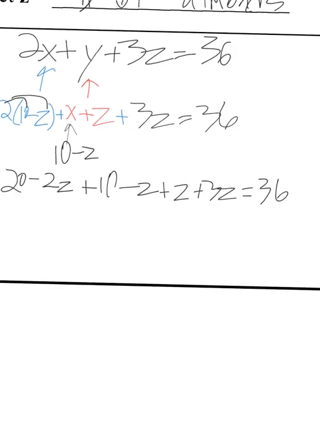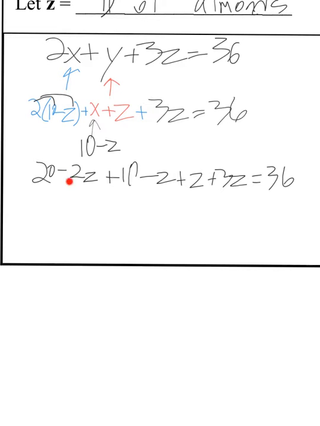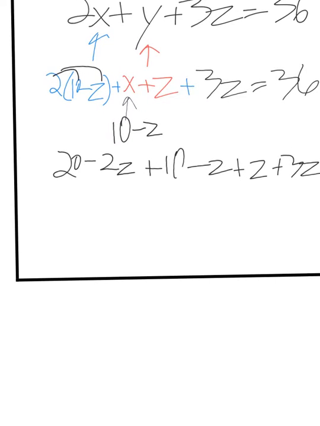All right, so let's combine our like terms. We got negative 2 minus Z, so negative 3Z, plus Z makes negative 2Z, plus 3Z just makes Z. And then we have that 20 plus 10 is 30. So Z plus 30 equals 36. If I just minus 30, I know the answer is 6.